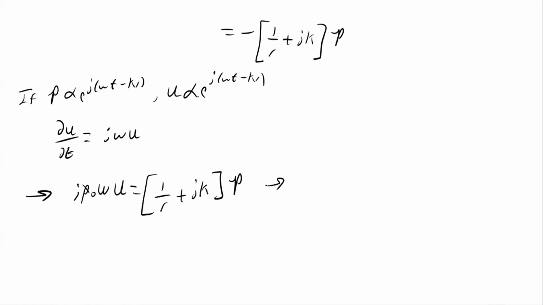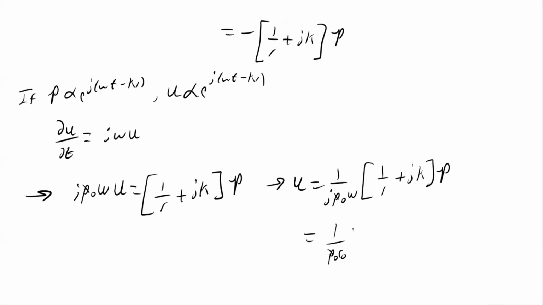Okay, and then we can solve for u simply as 1 over j rho naught omega times 1 over r plus jk times p, which can be rearranged, if we take out a jk from the bracketed terms, to 1 over rho naught c naught. Again, k is omega over c naught, so that can be rearranged.